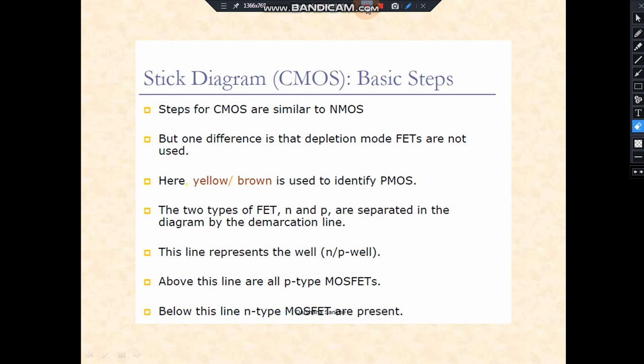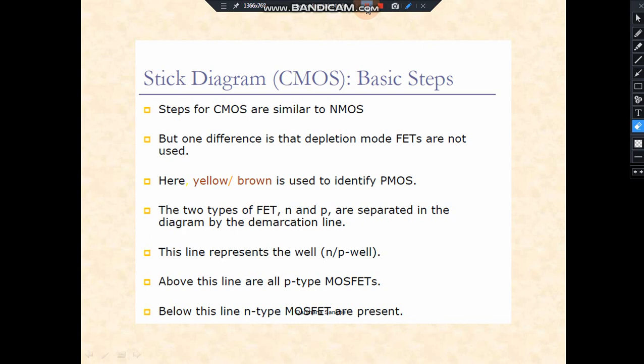As we all know, for CMOS designing we have two MOSFETs. The first one is the P-type MOSFET and the second one is the N-type MOSFET. So in CMOS designing we have to use yellow color to represent PMOS and brown to represent the demarcation line. The two types of FET, N and P, are separated in the diagram by the demarcation line.